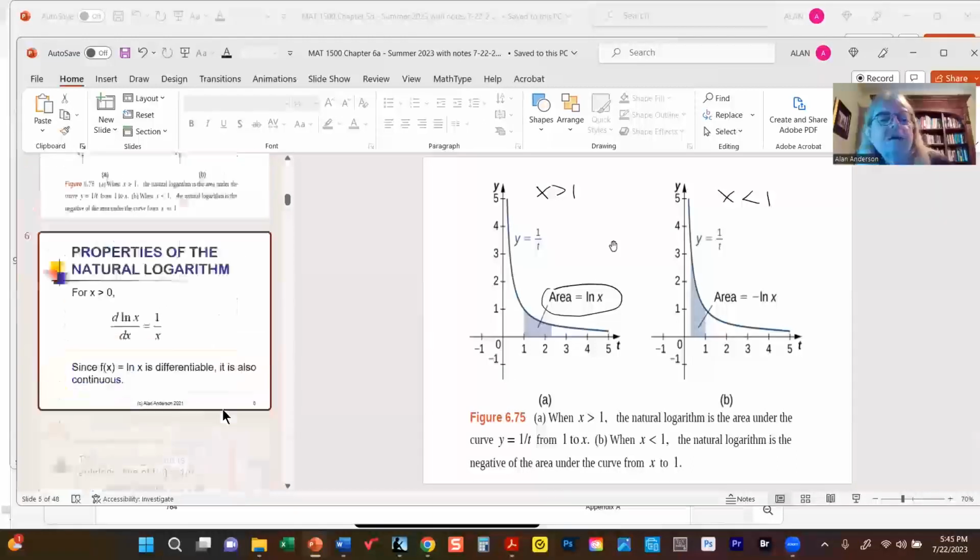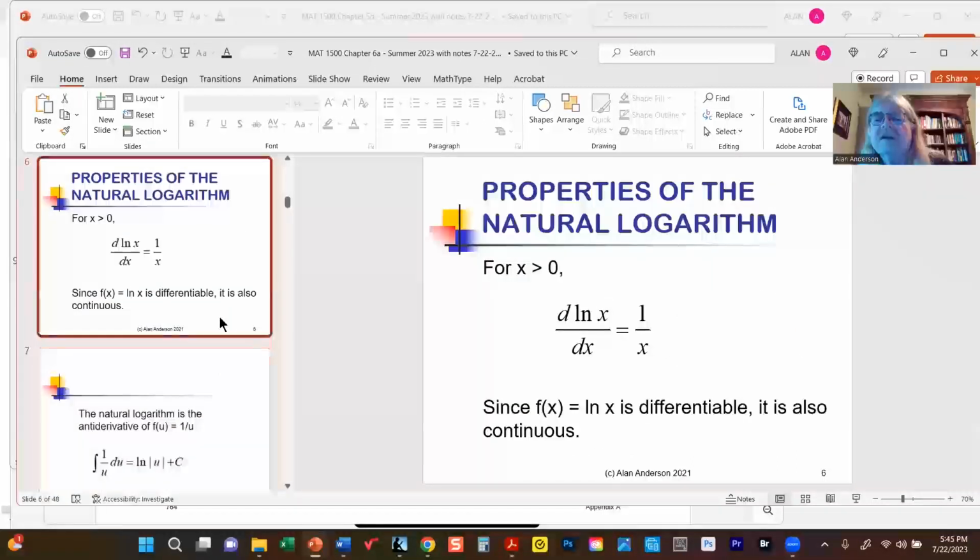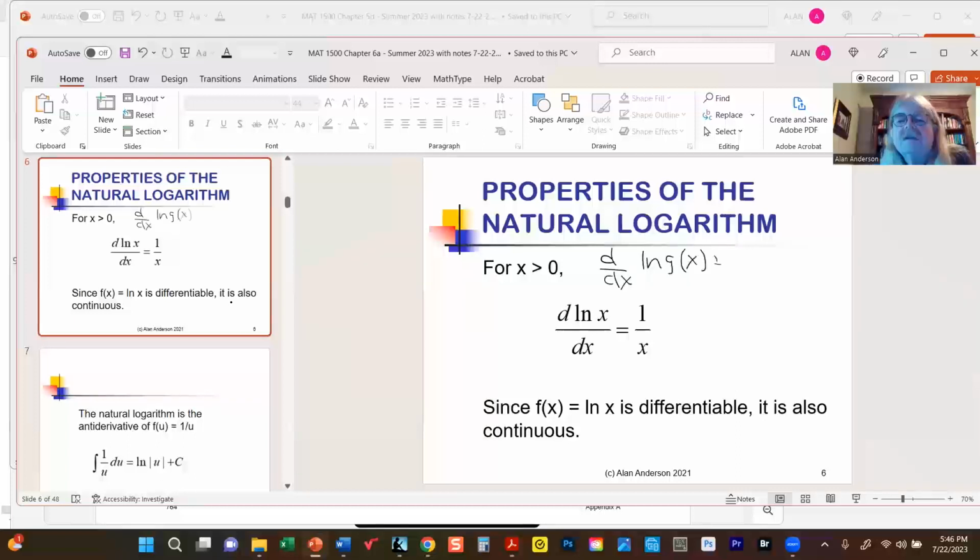Now, we know some of the key properties. We've already taken its derivative. The derivative of log x is simply 1 over x. We also recall from the chain rule, this becomes g prime of x over g of x. This would be for any function of x other than x itself.